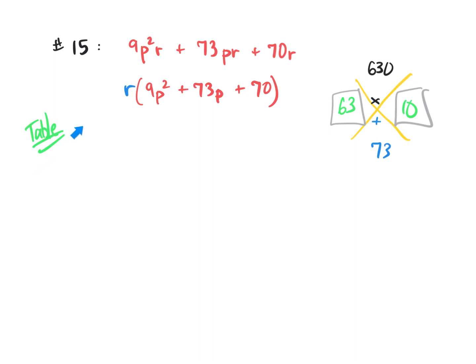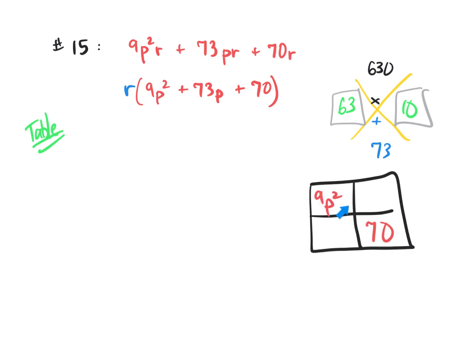With the table method, we still have to factor out the GCF out front. And then we still have to do this strategy, but once you do the strategy with the table method, you make your table. In the table, we'll put the 9p squared in the upper left corner and the positive 70 in the bottom right corner.